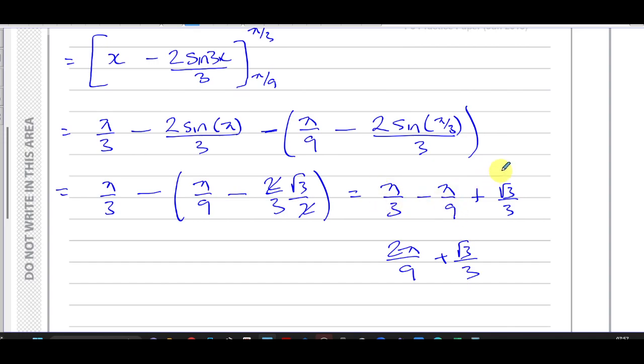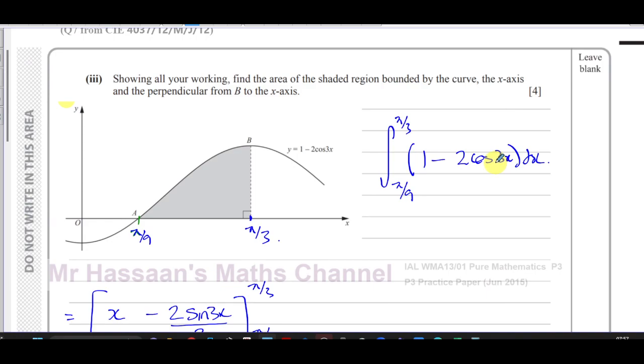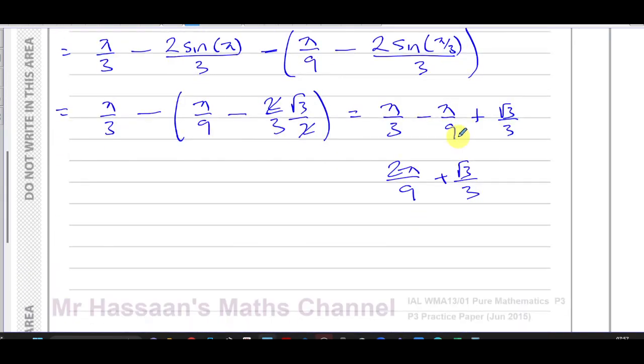That's good. Now, it says find the area of the shaded region. Okay, it didn't say find the exact area. So you could write your answer in decimal form, which is fine if you did that, but leaving it in exact form is probably better. Easier for you and better.